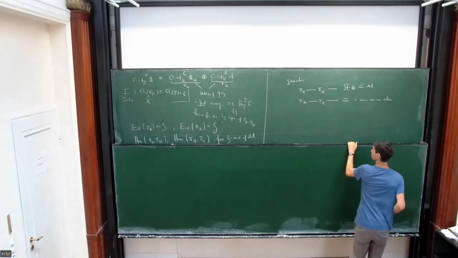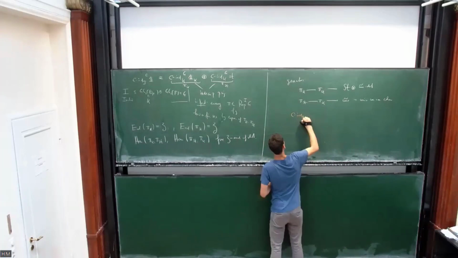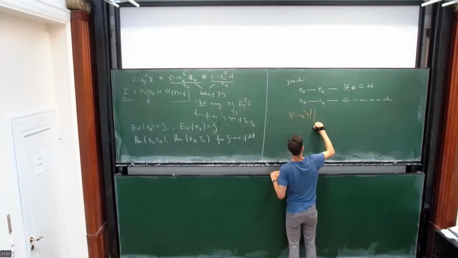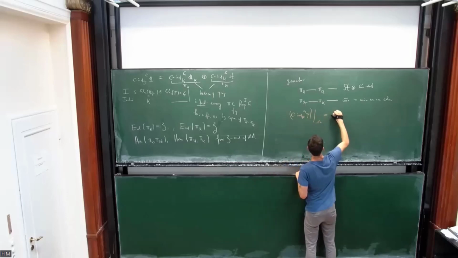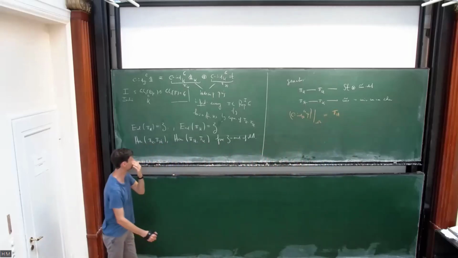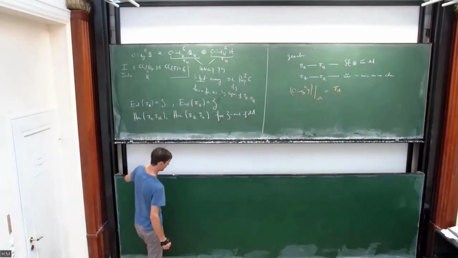Which part is missing? Which is critical representation. If you restrict it to this connected component, then you get this indecomposable projective corresponding to this small Steinberg. Okay.